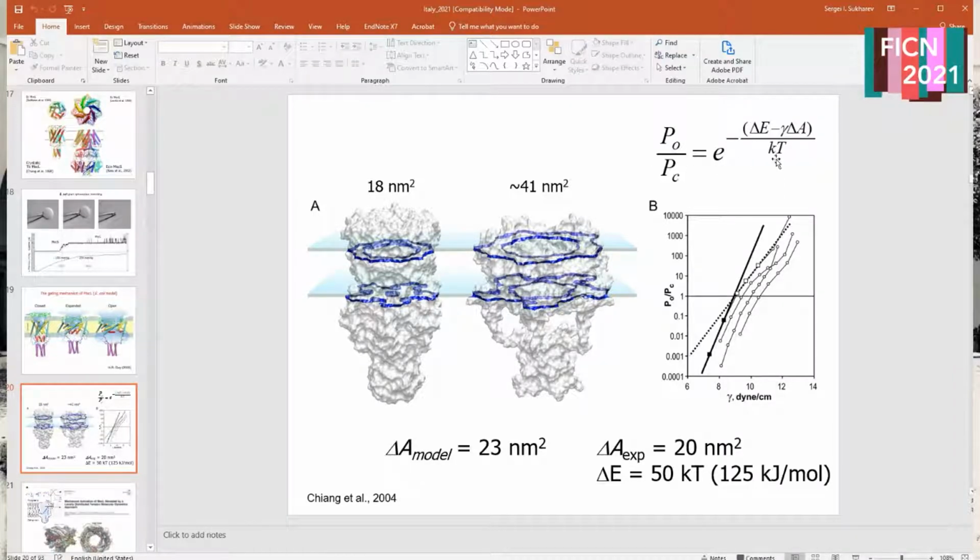So P open over P closed is the Boltzmann factor of delta E, the intrinsic energy that keeps it closed, minus gamma delta area. Delta area is the slope, and it is 20 square nanometers in good experiments. So delta energy is huge, around 50 kT.